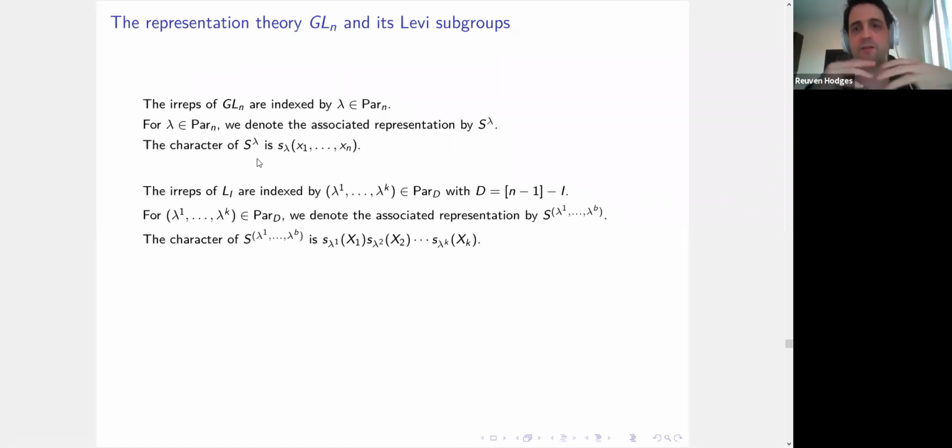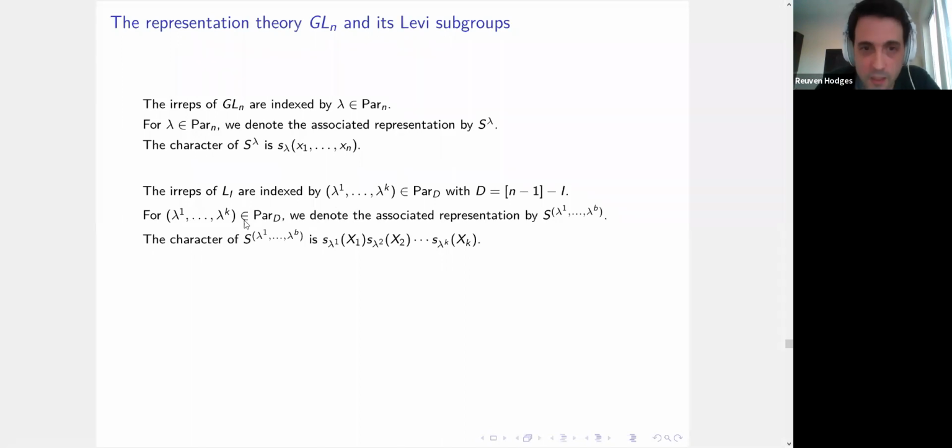And so here's the idea: what do the irreducible representations of Levi subgroups look like? Well, if you remember, these Levis are products of smaller GLs. So in fact, they should just be tensor products of irreducible GL representations. So in particular, you can index the irreducible Levi representations by sequences of partitions.